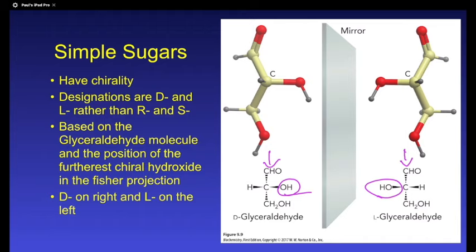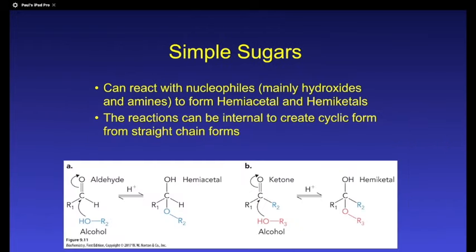The D and the L will be the last hydroxide furthest away from the ketone. Okay? So there could be lots of hydroxides. The DL conformation is the furthest away. All right.